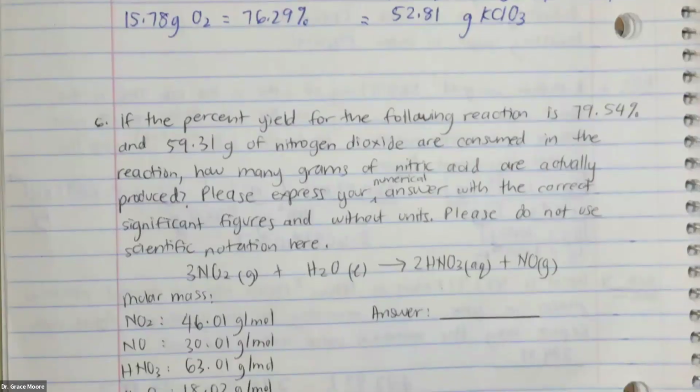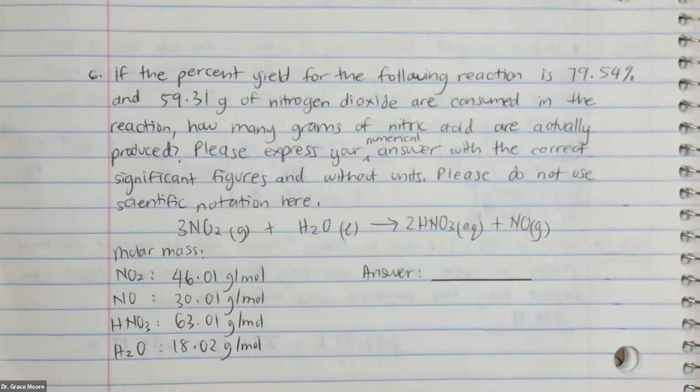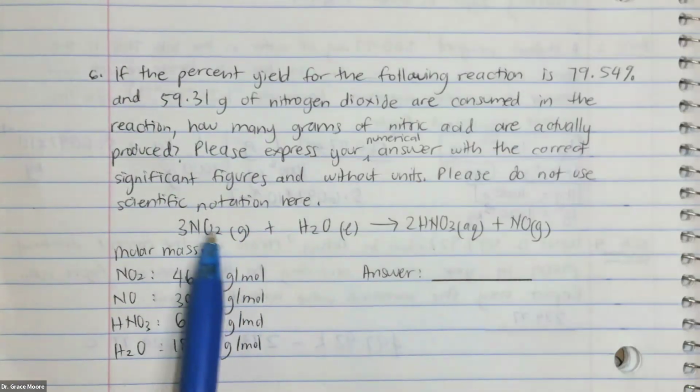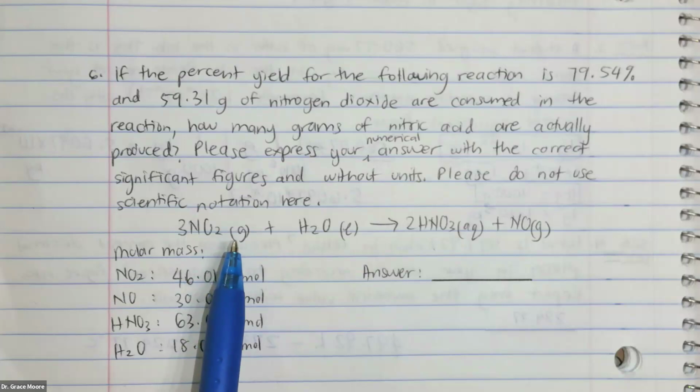Now let's take a look at number 6. If the percent yield for the following reaction is 79.54%, so again, they mentioned it's not 100%, and you use 59.31 grams of the reactant. Nitrogen dioxide is the reactant here. This question is a little backwards from the question we just had.